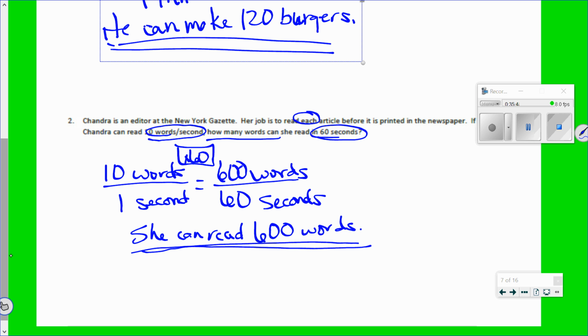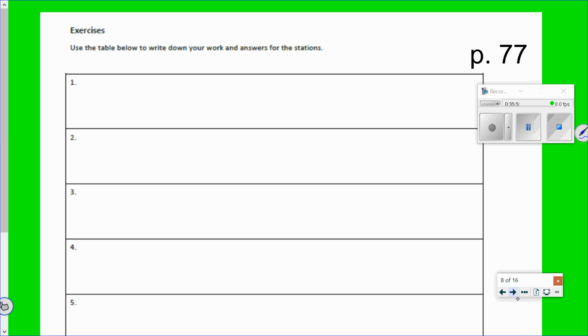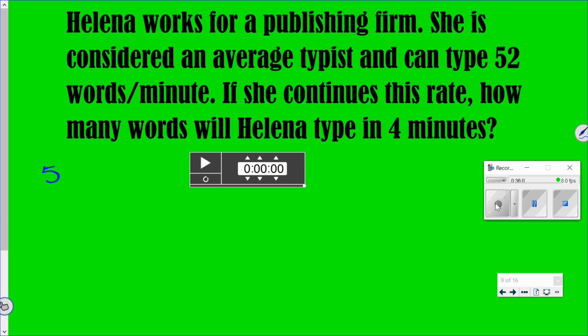Questions, guys? Are these making sense to you? Okay? I'm glad to hear everybody saying it's easy. Because on page 77, we get to have some fun now. This one should be relatively easy. We had 52 words per minute.